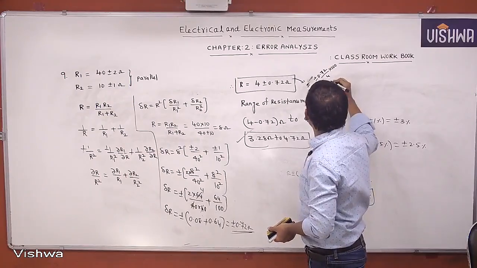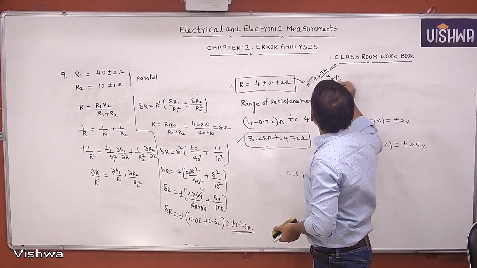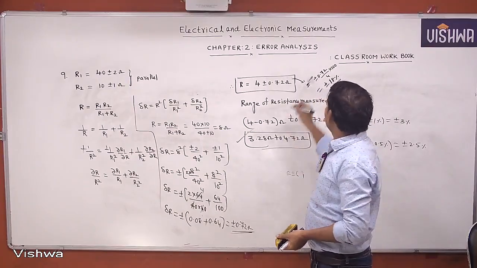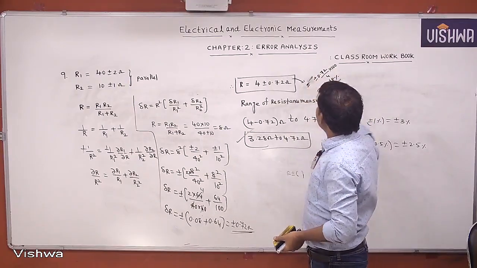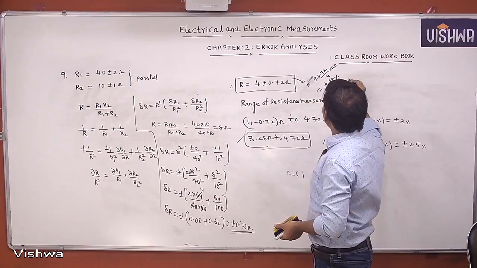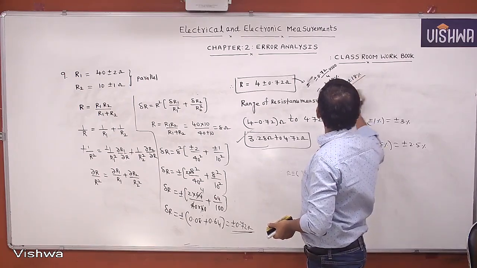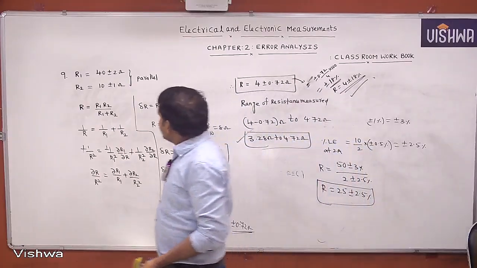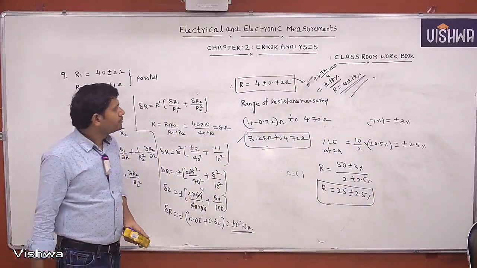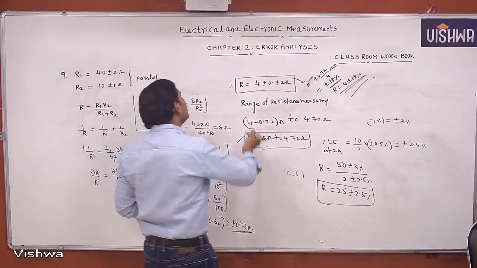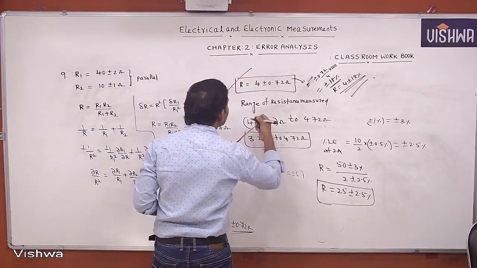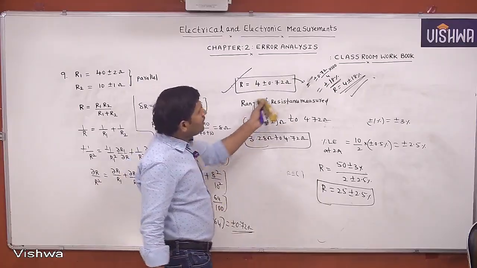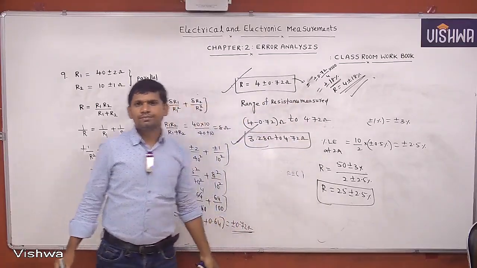Then how much can you get? Plus or minus 18%. Error by true value into 100. Then you can write R equals 4 plus or minus 18%. Like this also you can write. Understood? This is question number 9. But it is asked in the problem only: calculate resultant resistance and range of resistance. That may be in terms of percentage also.